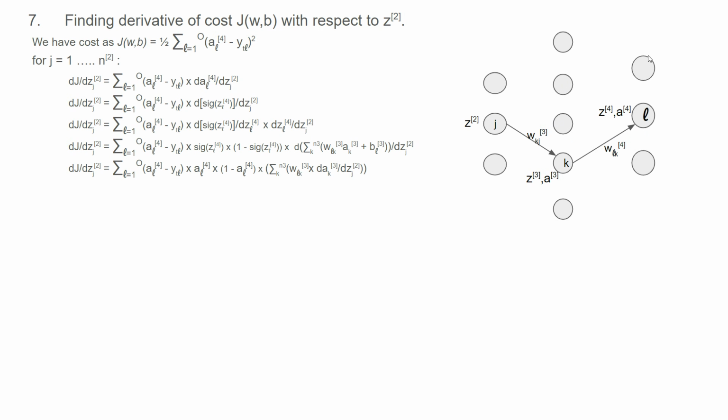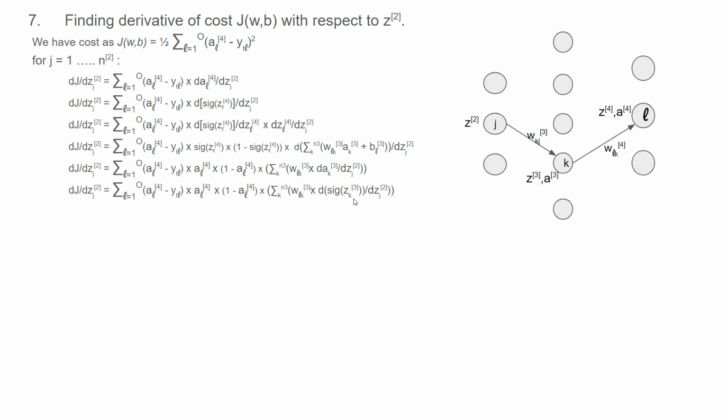Each term is the summation of the corresponding outputs of the previous layer and their corresponding weights that are connected to them. Therefore, when we differentiate with this, we will have a summation, where each term has a constant multiplied, and we will have differentiation with respect to all these a_k3.